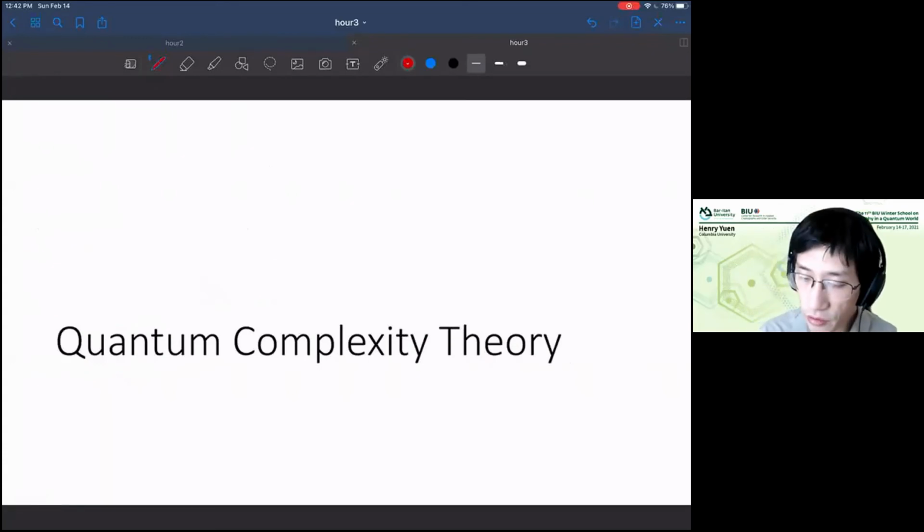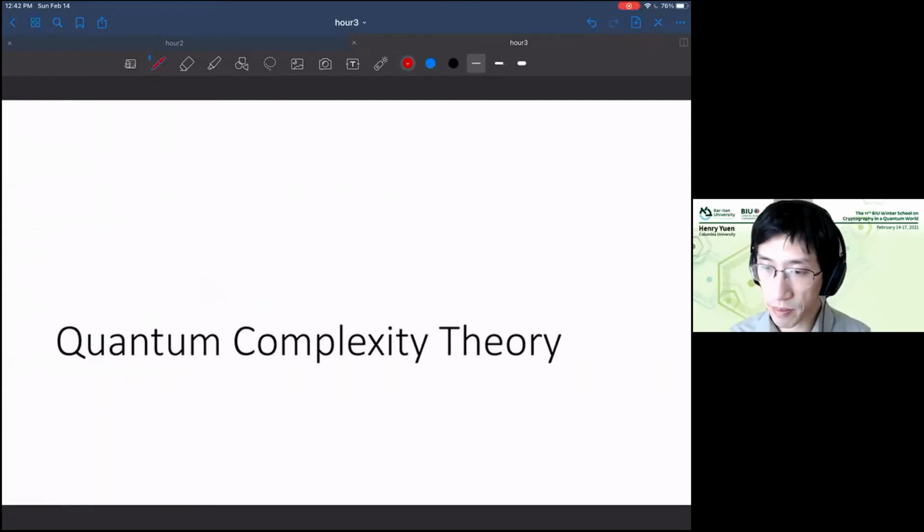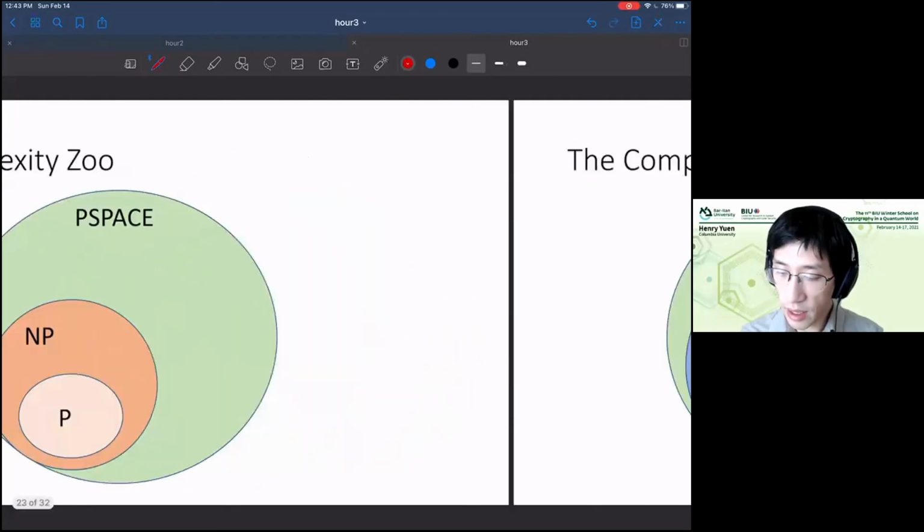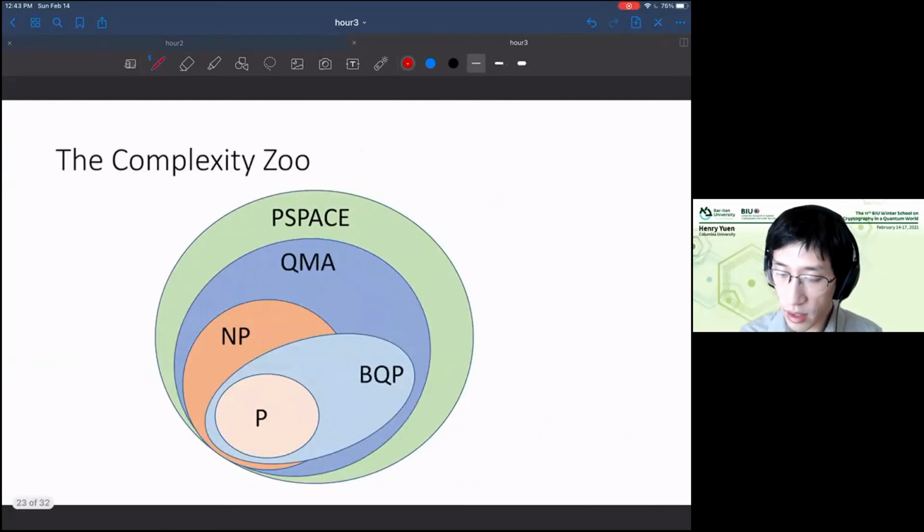Okay, so for the very last part of this crash course, we're going to talk about some quantum complexity theory. All right, so this is familiar to a lot of you. This is a piece of the quantum complexity zoo. We have our favorite beasts, P, NP, PSPACE. And how does quantum computation interact with them?